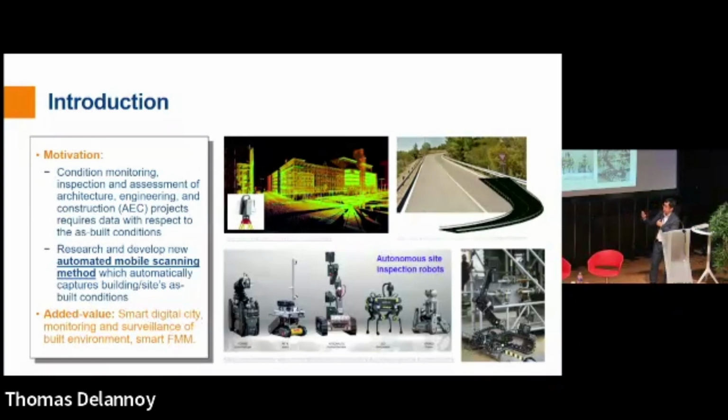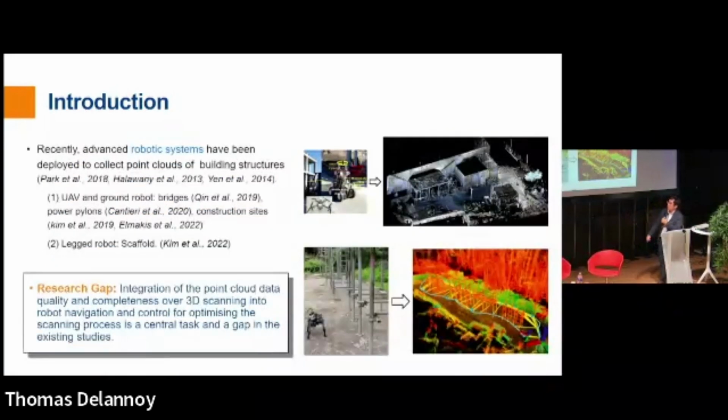This provides better productivity in as-built data capture, and it also provides value for smart digital city reconstruction or 3D reconstruction. Some research has been published in top journals like Automation in Construction or AEI on this agenda.